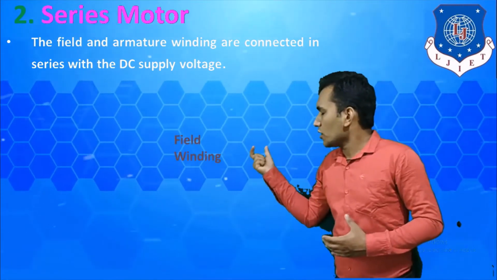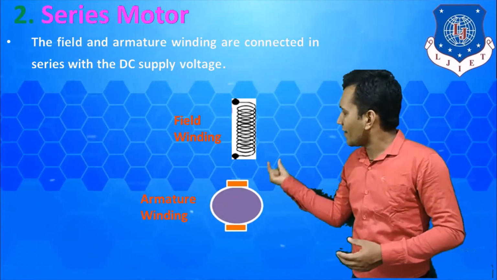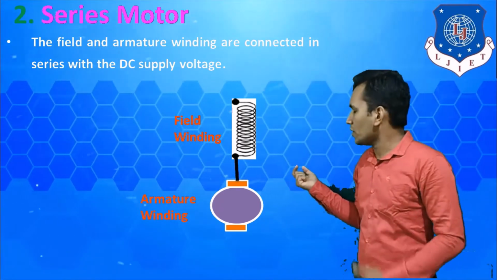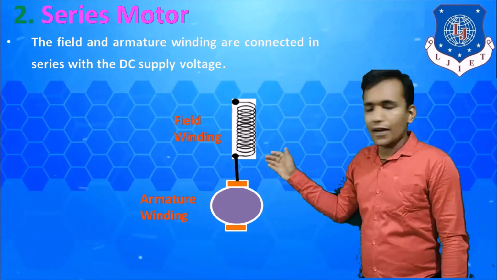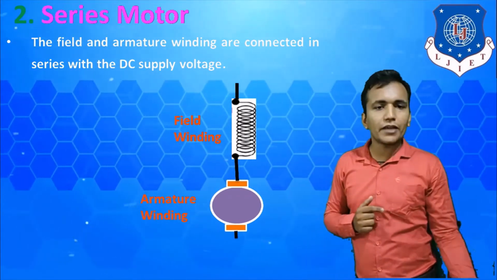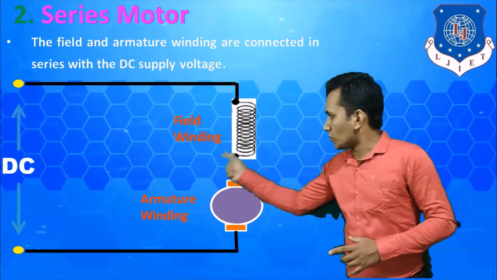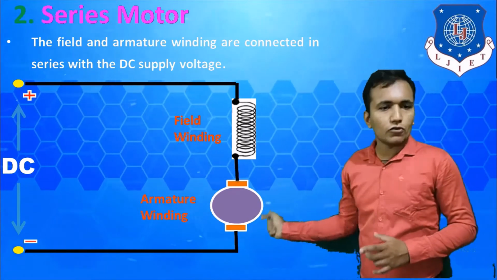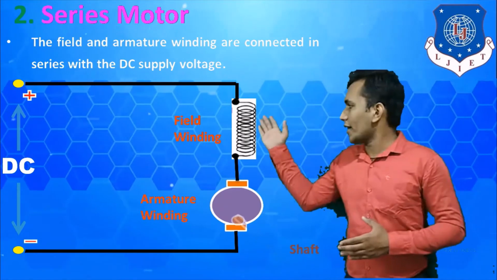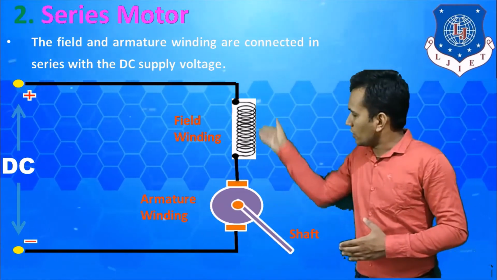In this figure you can see the field winding and then the armature winding, both connected in series across this DC supply. There is one positive terminal and one negative terminal across the DC supply.